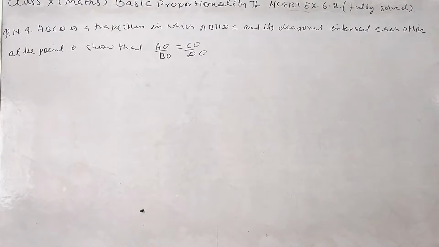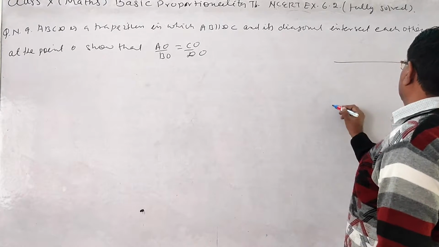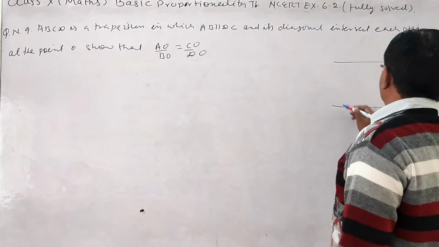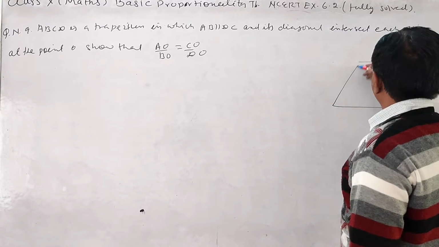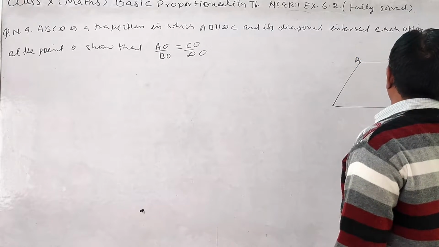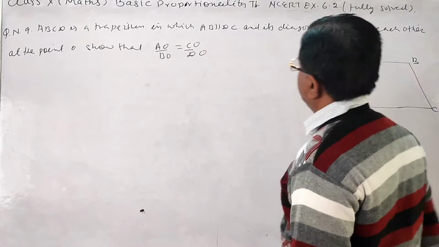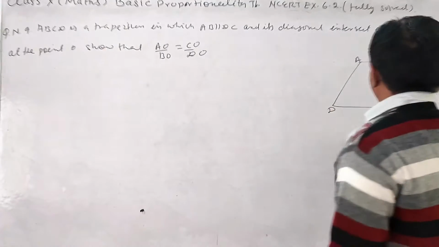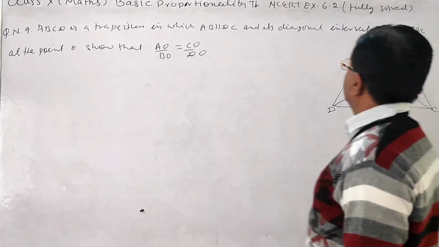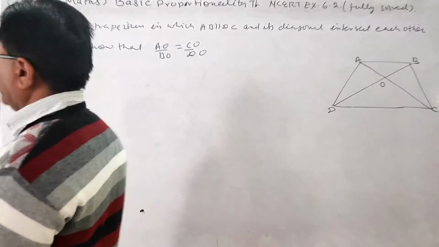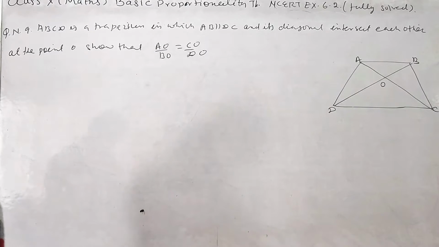Next, dear student, question number 9. ABCD is a trapezium. It means we are given a trapezium. Suppose this is a trapezium ABCD and its diagonals, the opposite vertices joined, that is the diagonals, intersect at the point O, so that AO upon BO equals CO upon DO.